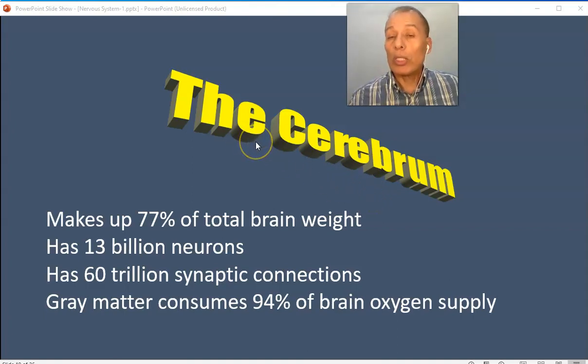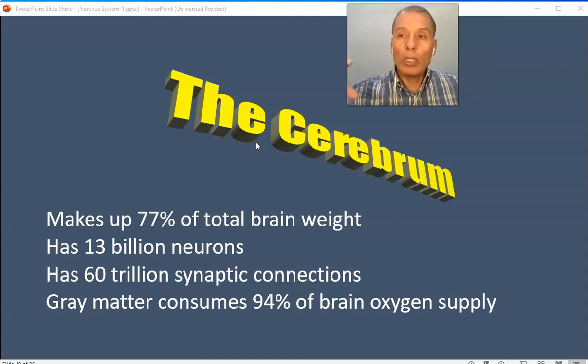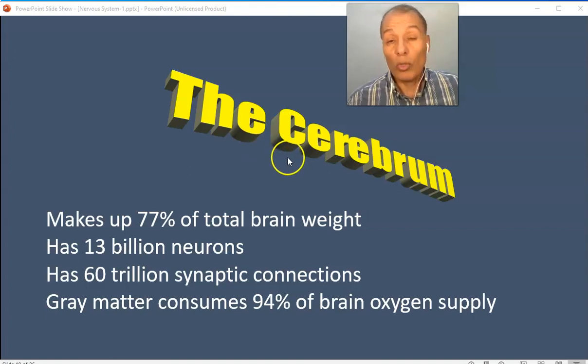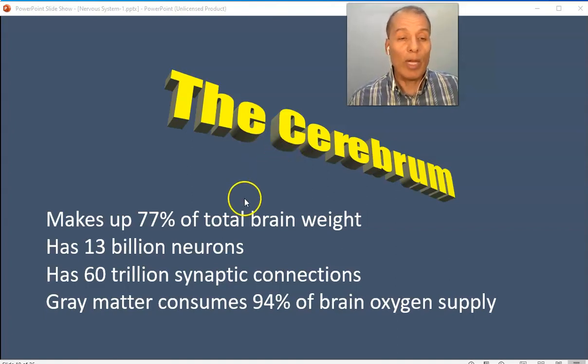Gray matter mostly has the cell bodies and the dendrites, and it has cells that support the neurons called glial cells. These feed the neurons, cushion them, give them myelin, and play many functions to help neurons. Without them, the neurons cannot survive.